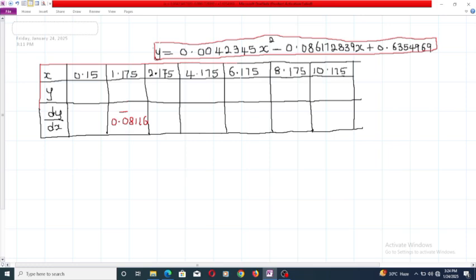Having gotten that slope, we need to fix in other data. So I also bring in the equation of the straight line. y equals minus 0.081196x plus 0.902. So we have that as the equation of the straight portion.